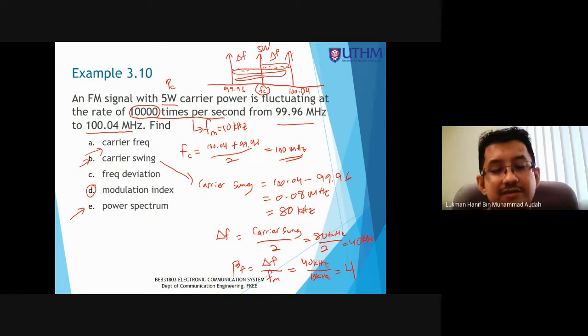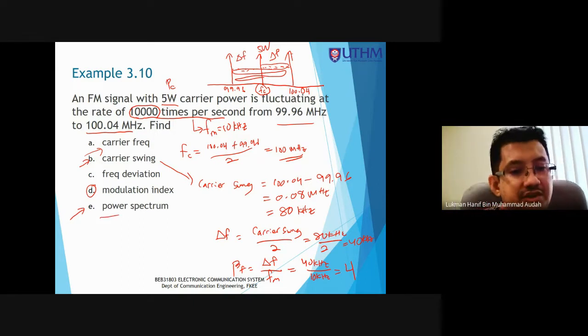Ni yang penat sikit. Okay. So you see that power spectrum. Previously kamu dah lihat amplitude spectrum.